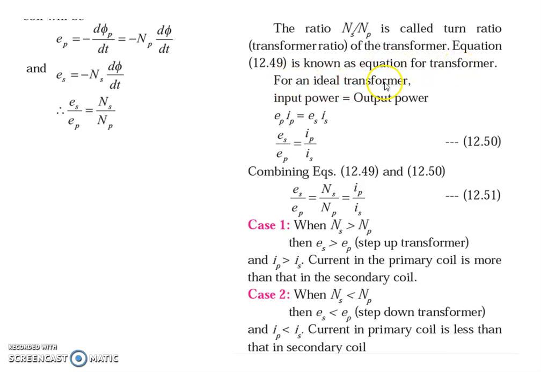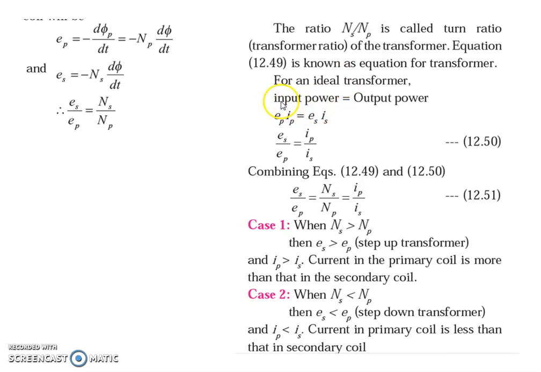So for an ideal transformer, as I said earlier, the input power is exactly equal to the output power, considering that there are no I square R losses. Whatever the input power, all that input power is transmitted by the transformer.